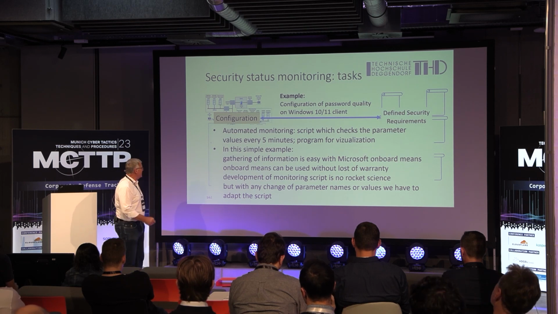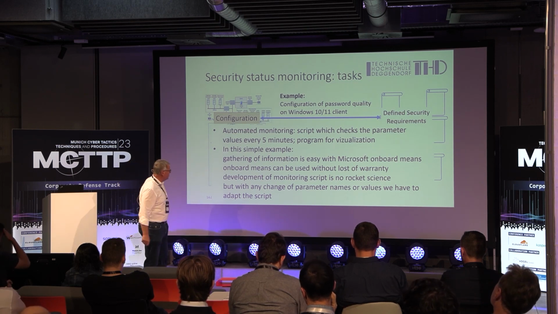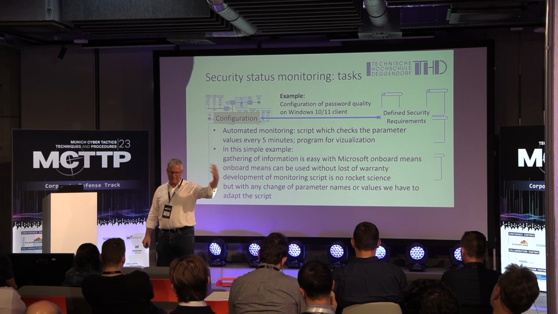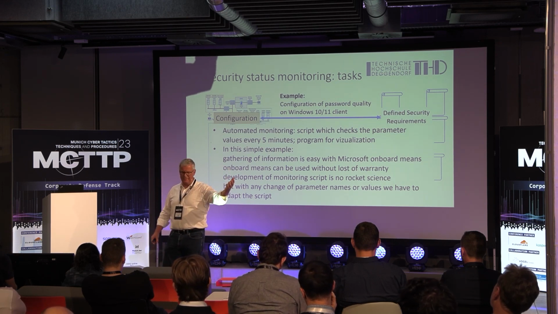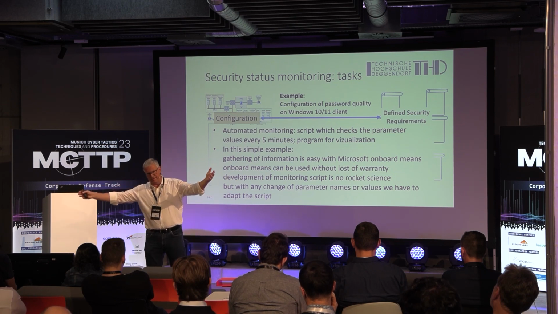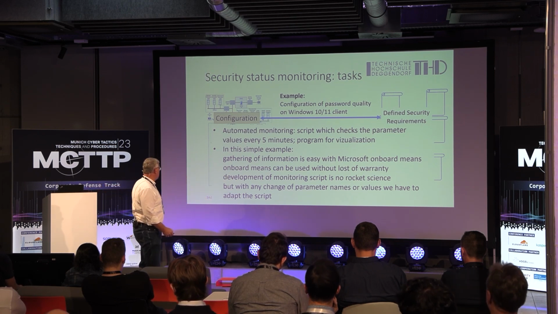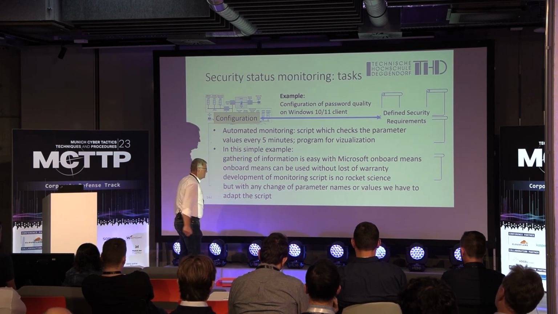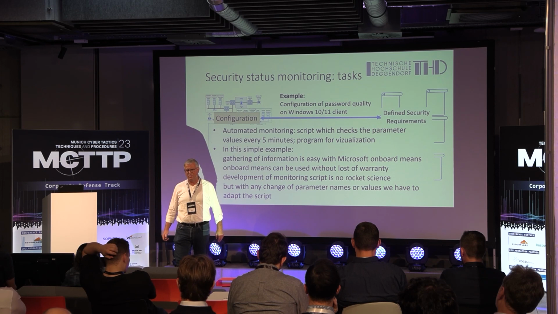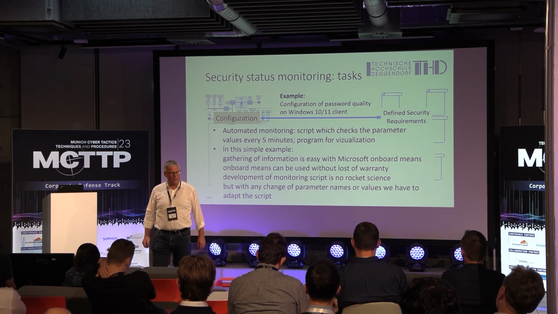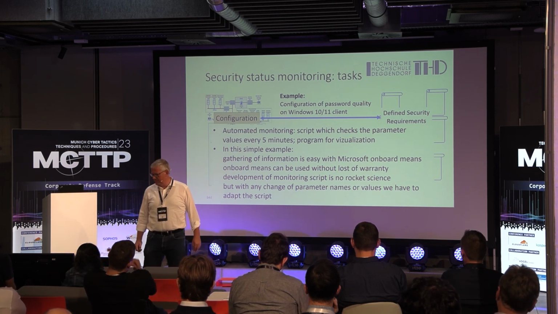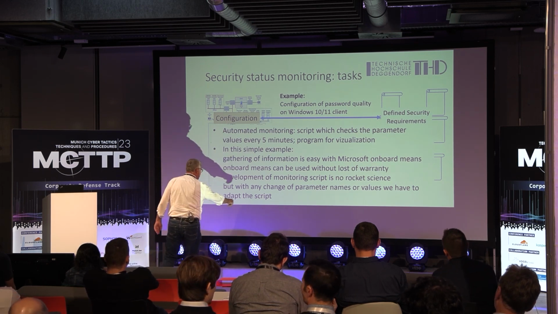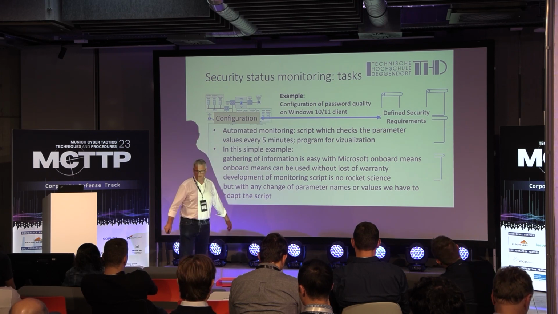So then automatic monitoring means we write a script which checks these parameters always. What is the current configuration? What is the security policy? And then we have the following: gathering of information is easy with Microsoft onboard means, and normally you lose not the warranty if you use that. Then onboard means can be used. Development of a monitoring script is not really rocket science.